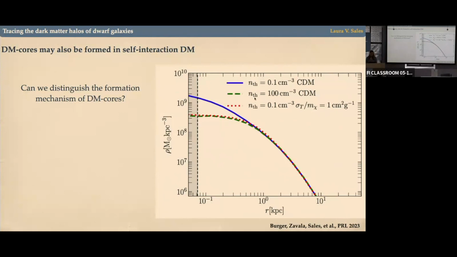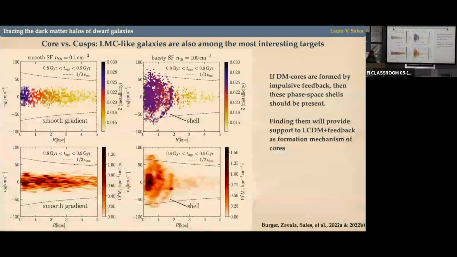And what we came up with is, if burstiness forms these cores, you should have a signature in phase space of the stars. And this is kind of the proof. This is the radial velocity of your stars, and this is the distance. And both galaxies were simulated within CDM. So for now, this is not important.